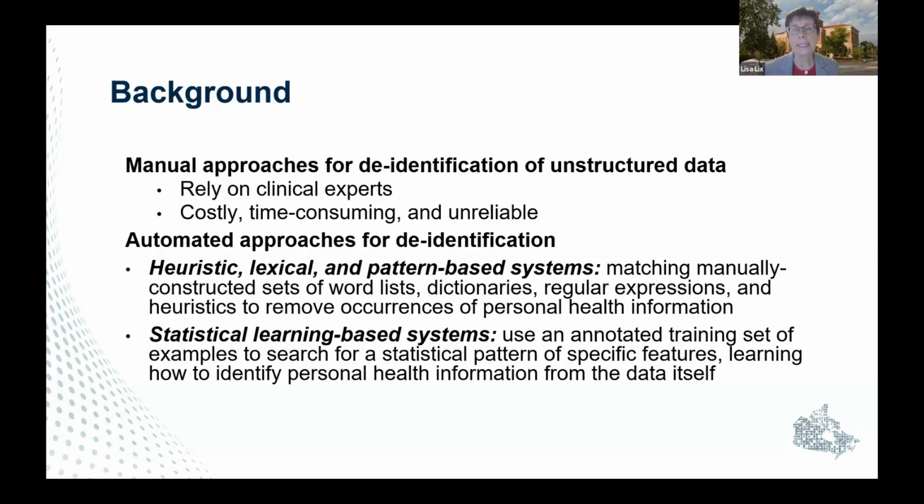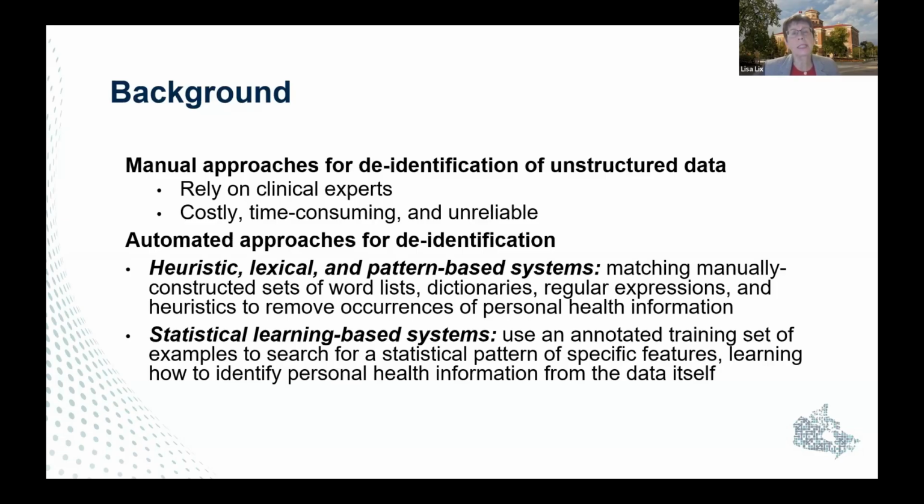We could rely on dictionaries, or we could use regular expressions or some kind of heuristic, in other words, some kind of rules to remove occurrences of personal health information. And certainly there's been a lot of work. This idea of de-identifying unstructured text data is certainly not new. It extends back many years. And so a lot of the first work that was done was using these kinds of systems.